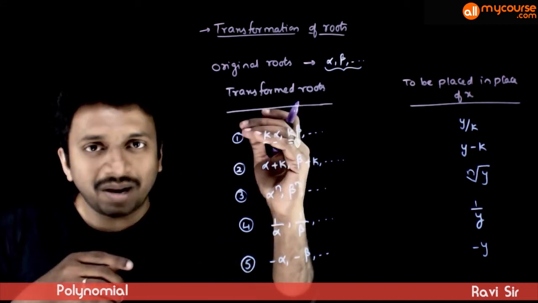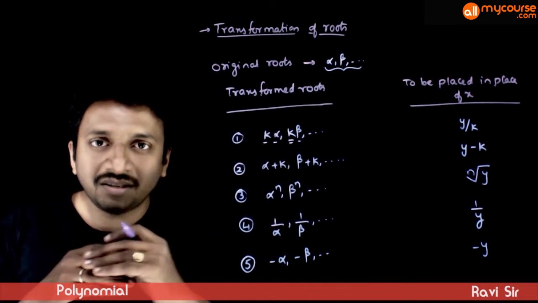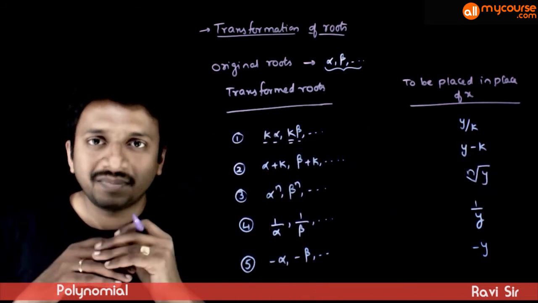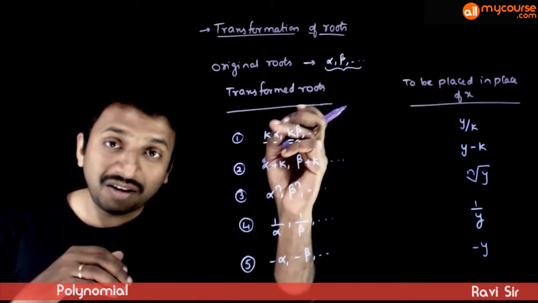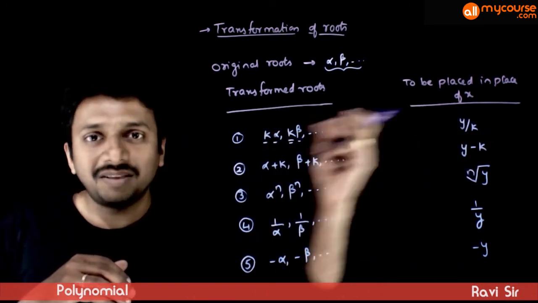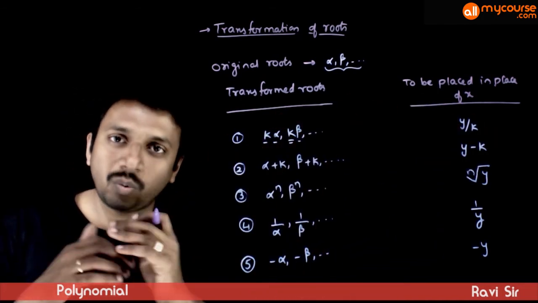So if you want to multiply by 2, you have to write y by 2. If you want to multiply by 3, you have to write y by 3. If you want to multiply by 1 by 3, that is, if you want to divide by 3, you have to multiply by 3 here. So whatever you do here, you have to do the opposite when you do the substitution.